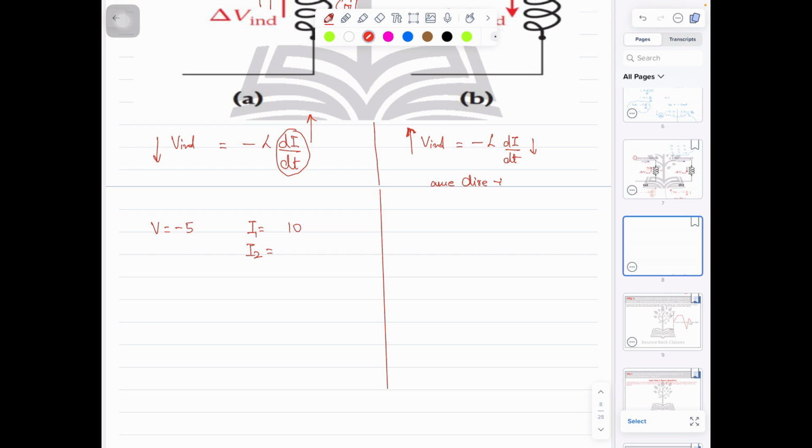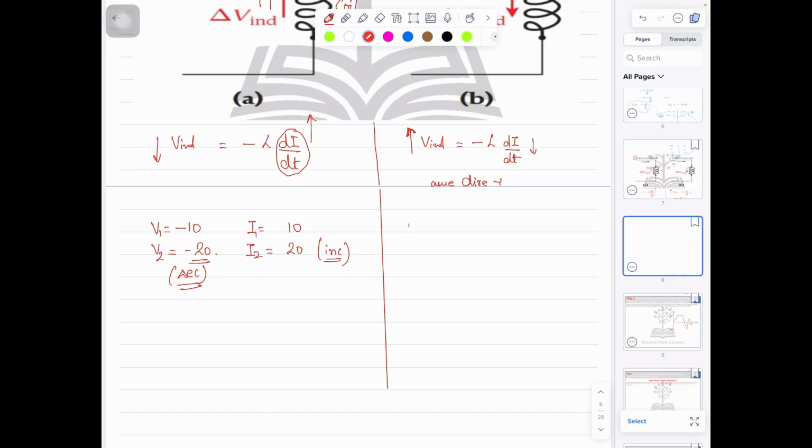If the current is increasing, it will become 20. Then what will happen with voltage 1, voltage 2? Just think and tell me. See, current is increasing, so voltage will reduce. Negative 5, or let's say better for you, negative 10. Now it will become negative 20. Do you understand? So you will understand it is decreasing.